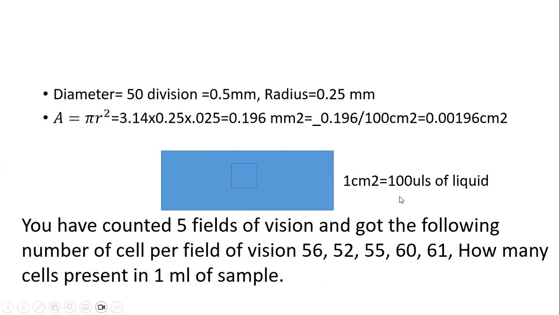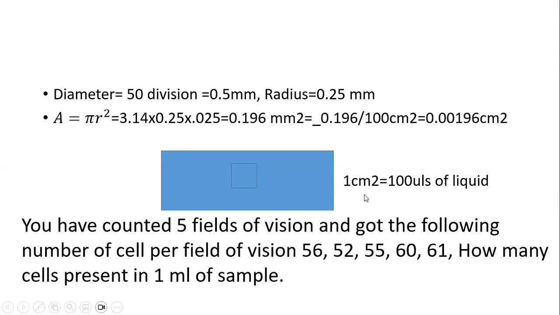After that, you will load the sample you want to analyze in the space. About 100 microliters of liquid will fit easily in the space. We also know the area of the square is 1 centimeter multiplied by 1 centimeter, that is 1 centimeter square.